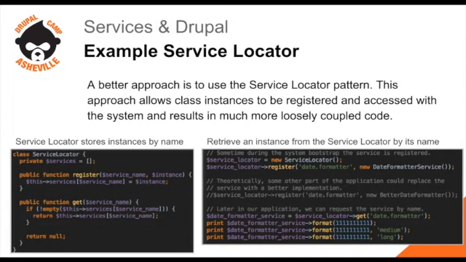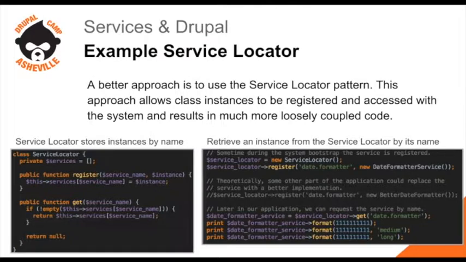Simply, a service locator is a class that stores a registry, or in this case an array of class instances that have a name of some sort, an arbitrarily made up name.